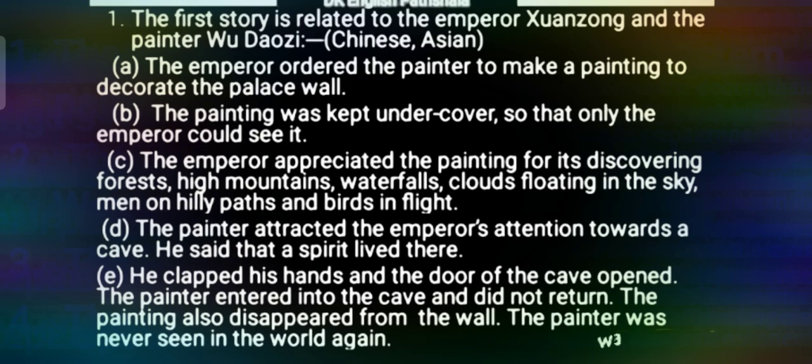Point number C has been described. The emperor appreciated the painting for its discovering forests, high mountains, waterfalls, clouds floating in the sky, men on hilly paths, and birds in flight.